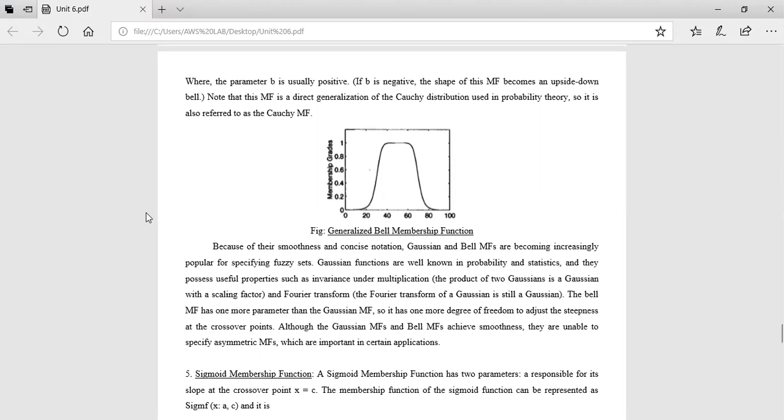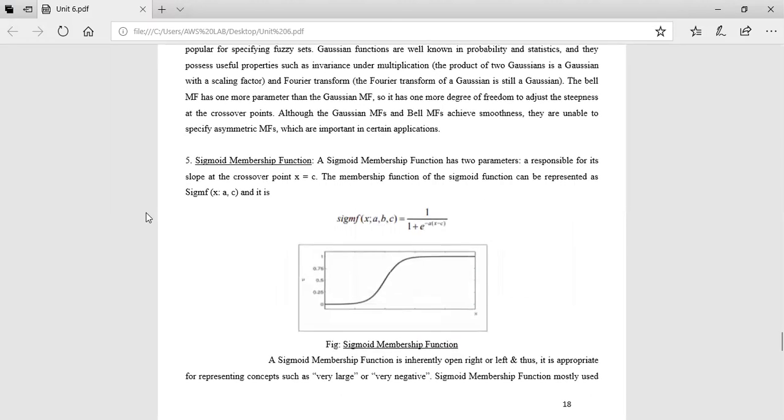And the last one is the sigmoid membership function. See, the sigmoid membership function needs two parameters, that is A comma C. Here the membership function of the sigmoid function can be represented as SIGMF, that is called the sigmoid function, right?